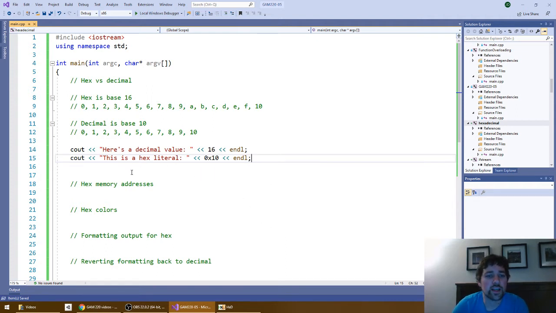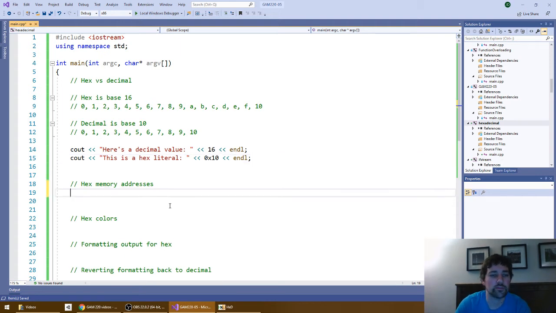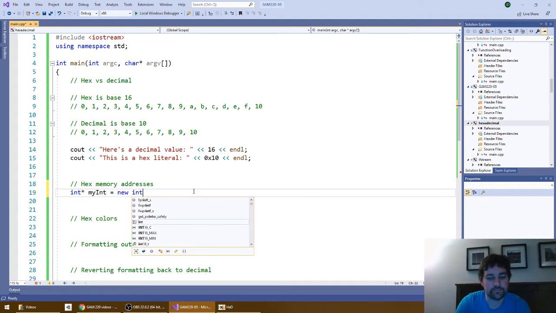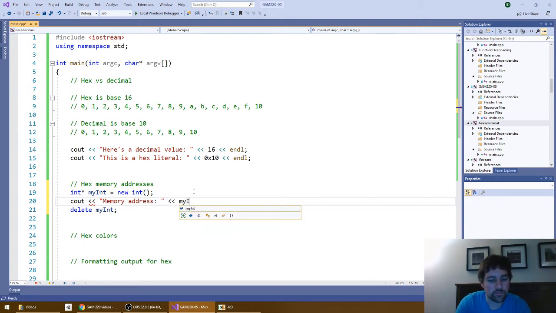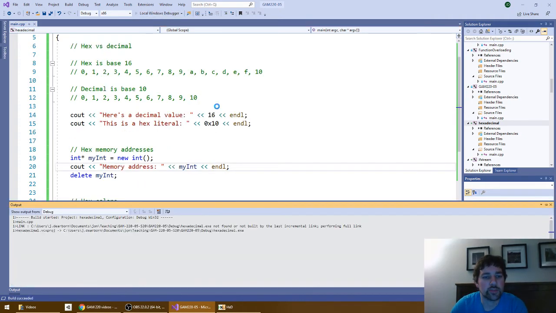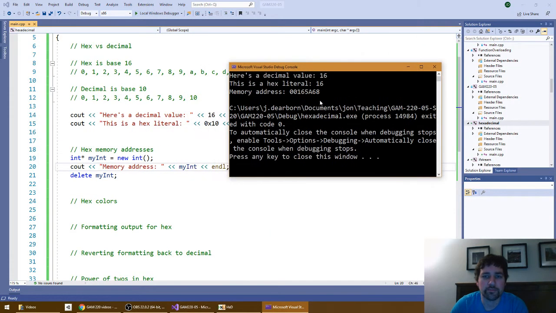So you may have seen hex values already when you print out memory addresses. If I had a pointer to an integer and printed that out, the memory address, you may have noticed that it prints it out in hexadecimal form, that it has letters and stuff mixed in there.